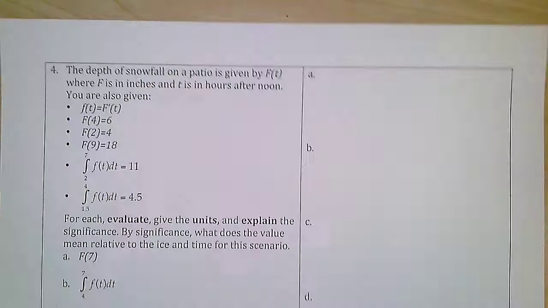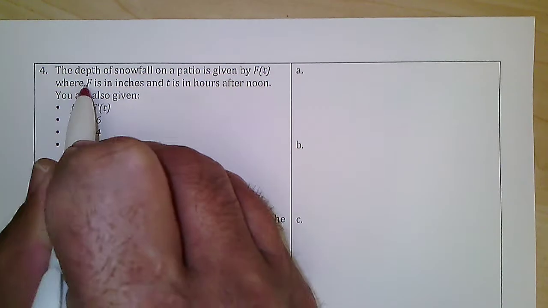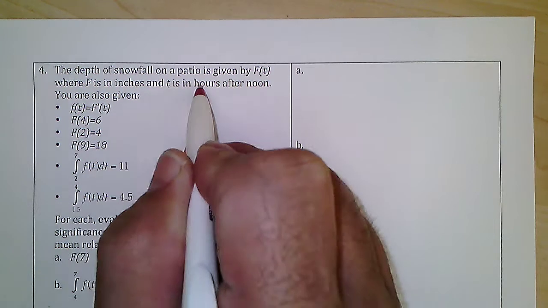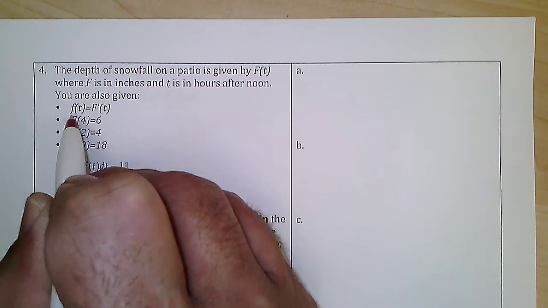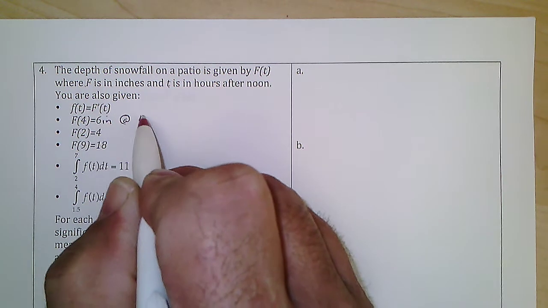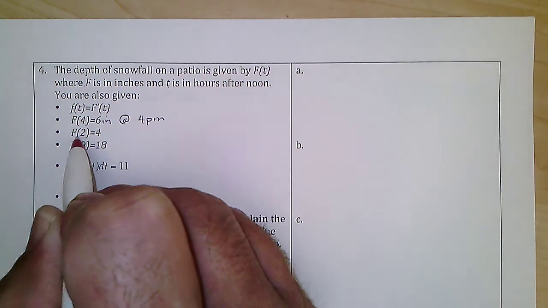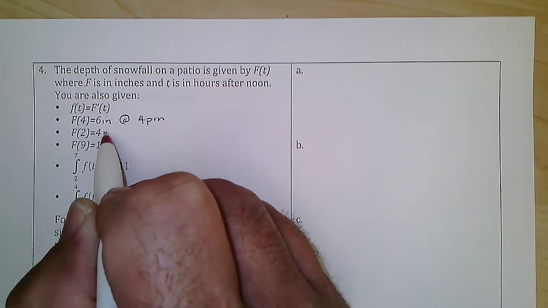Page 2. So this says F is the inches at T hours after noon. So at 4 p.m., 4 hours after noon, the amount of snow is 6 inches. At 2 p.m., there's 4 inches.